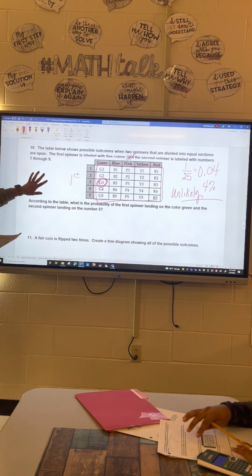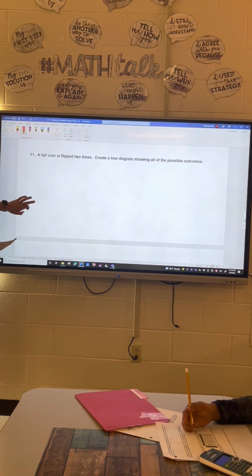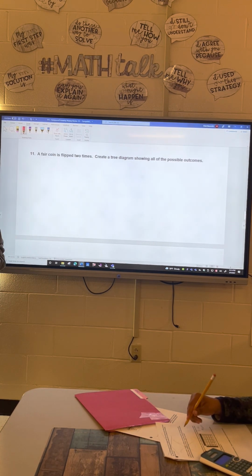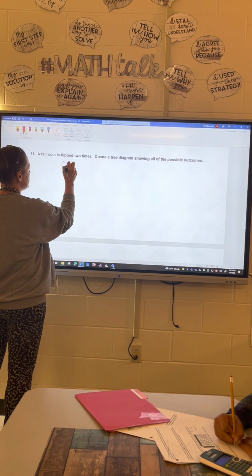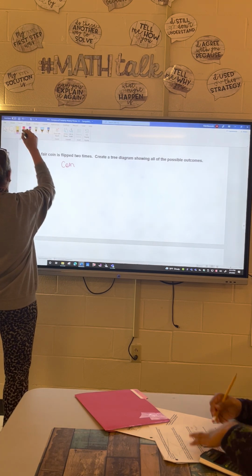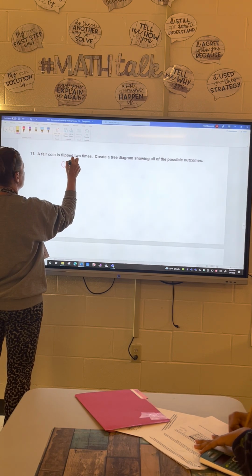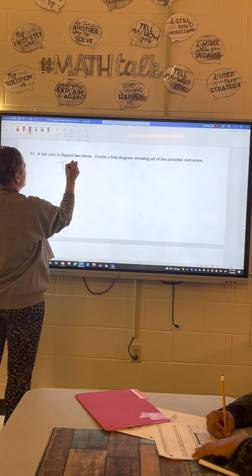Number 11. Any questions about that one? Number 11. A fair coin is flipped 2 times. Create a tree diagram. Well, here we go. You ready? It's flipped 2 times, so that's going to be toss 1.